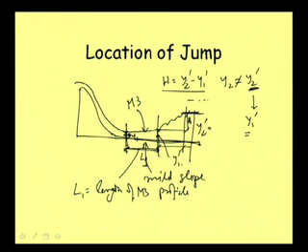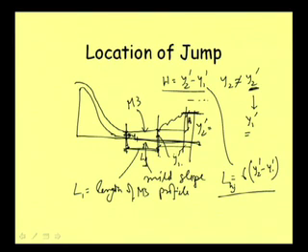So, the length will be equal to 6 times this y2 minus y1. This gives us the length of the hydraulic jump, equal to 6 times y2 dash minus y1 dash, the height of the hydraulic jump.